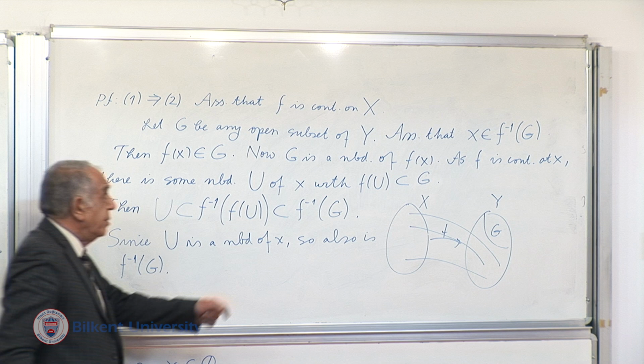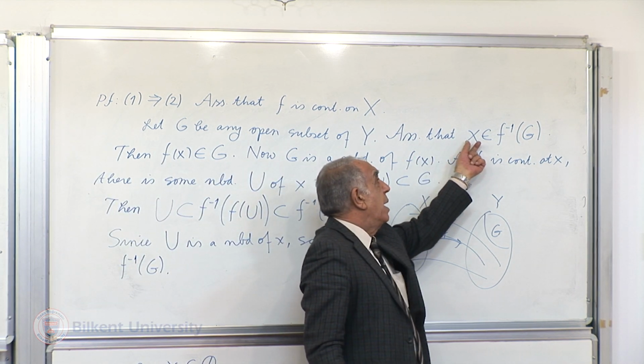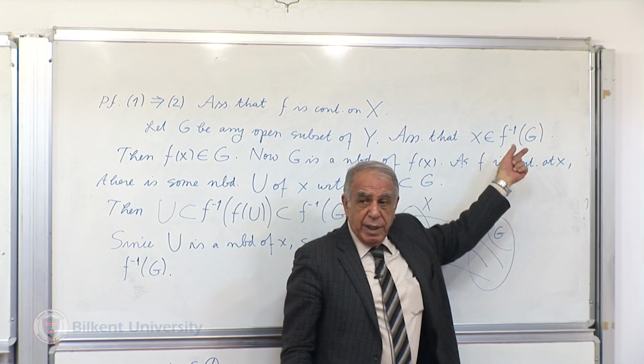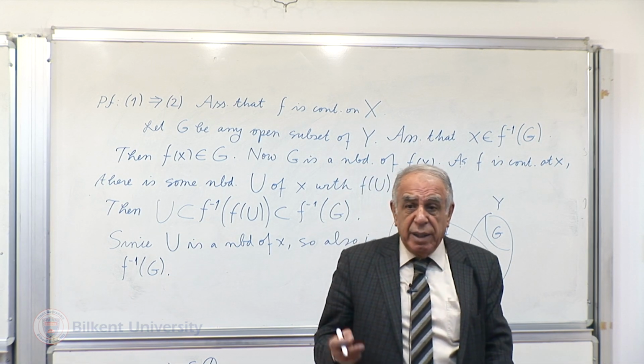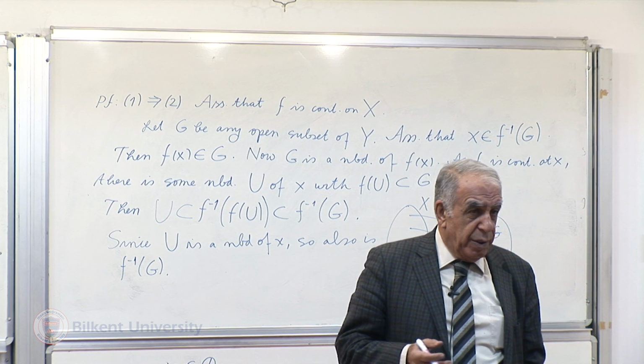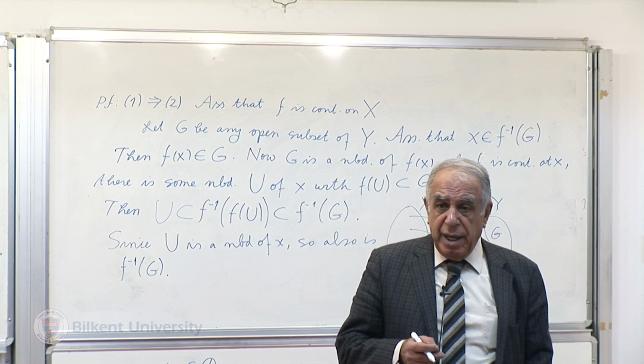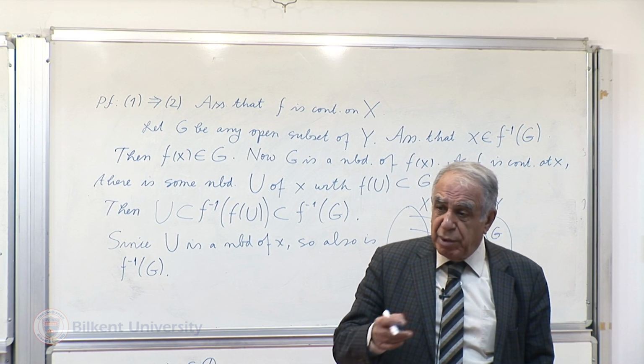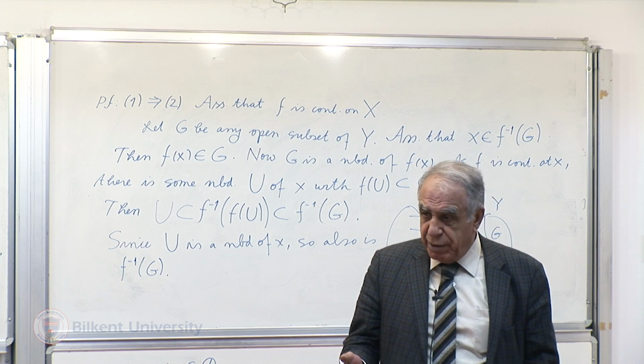Well, we have taken some arbitrary point in here and have shown that f inverse G is a neighborhood of that point. So what we have shown is that f inverse G is a neighborhood of each of its points.